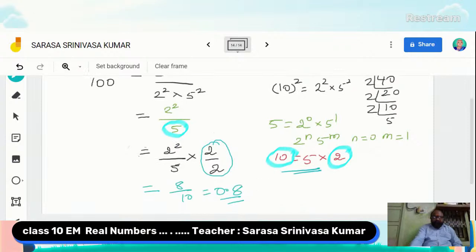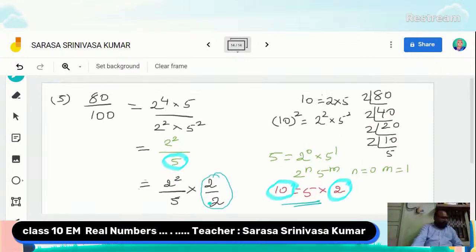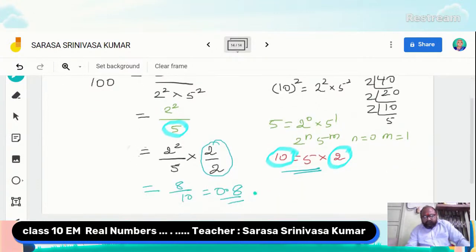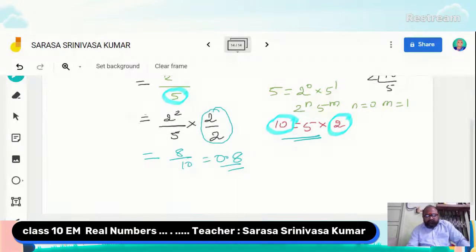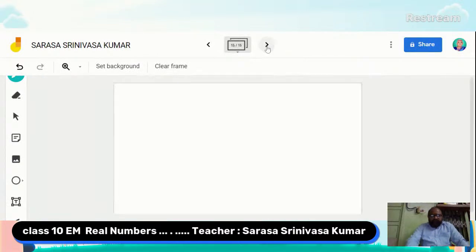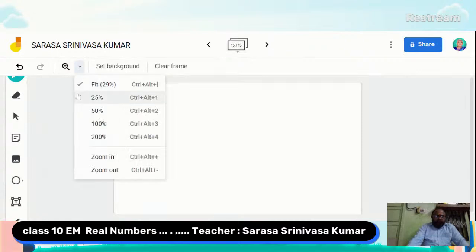We can simply write 0.8, but we would like to apply theorem 1.4 to show that the denominator is of the form 2 power n 5 power m form. So 100 is there in the denominator. We want to show that it is of the form 2 power n 5 power m. So we have shown like this. Instead of solving in this procedure, we can simply show in other way.